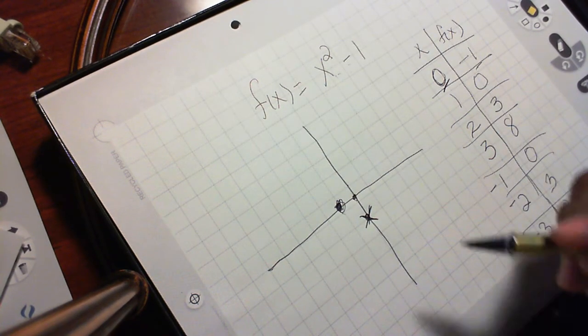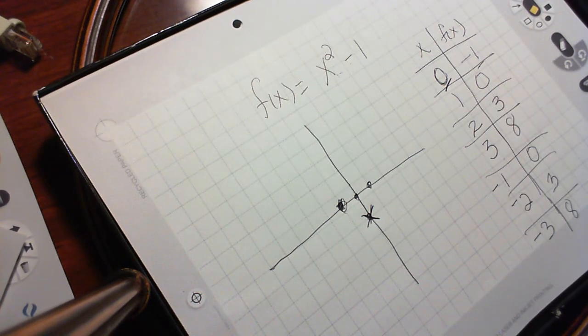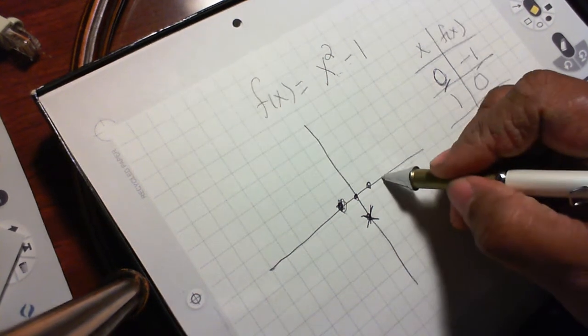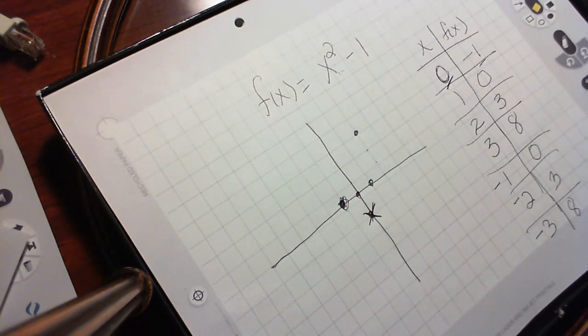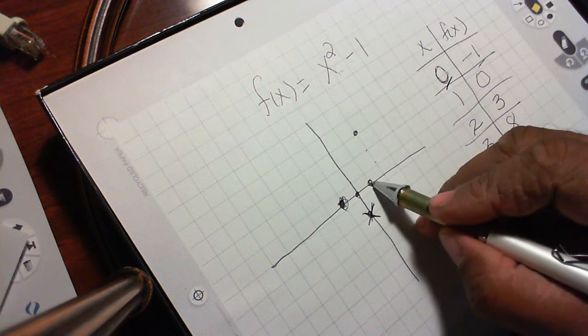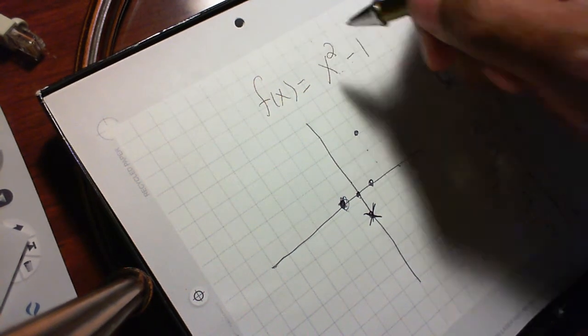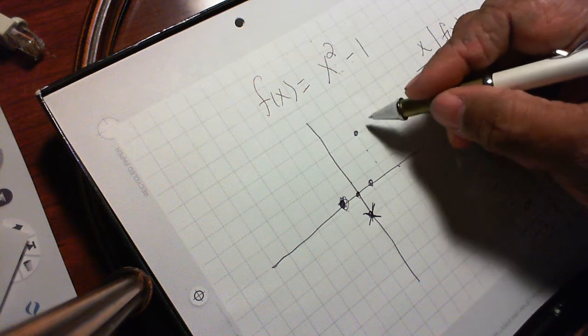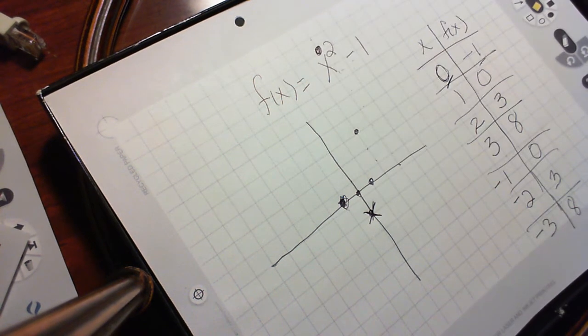At 1, when x is 1, the point is 0. At 2, it is 3. So 2, 1, 2, 3. Okay, at 3, it is 8. So we're going to go 1, 2, 3, and up 8. So way up there. Well, let's count it. 1, 2, 3, 4, 5, 6, 7, 8. So I was close there.